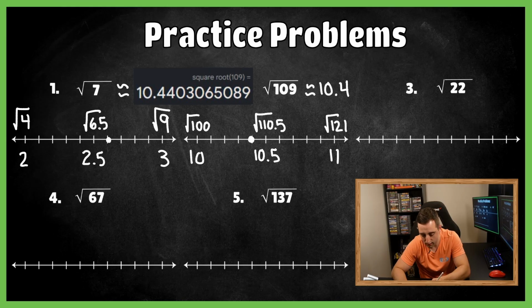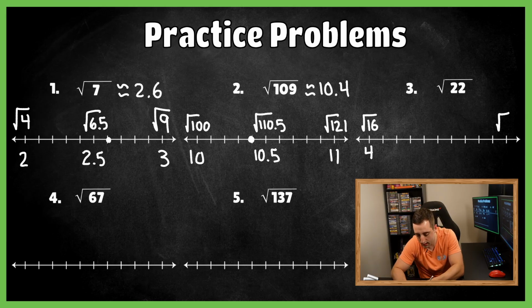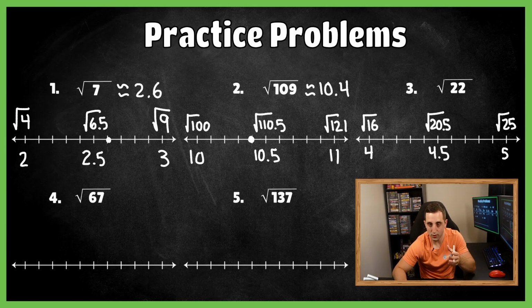Right, now for number 3, it falls between the 2 perfect squares of 16, which is 4, and 25, which is 5, and then once again the midpoint, which is going to be 4.5, and that's going to be the square root of 20.5. Now 22 is going to be on the upper half this time because it's between 20.5 and 25.